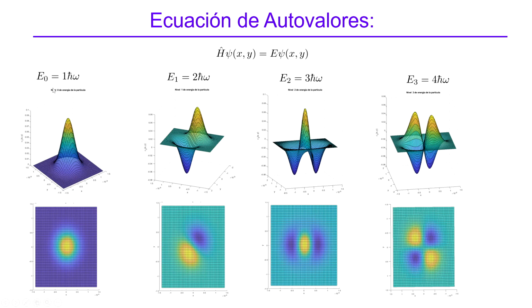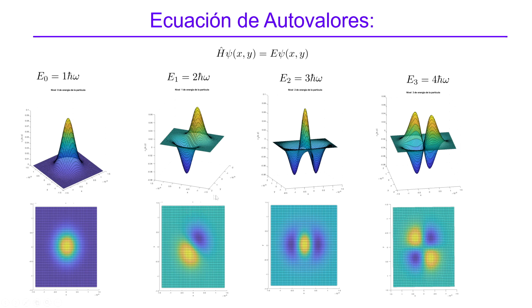Podemos encontrar las soluciones acá. Por ejemplo, este es para el primer estado, para el estado fundamental. Este es para el primer estado excitado. Este es solo la simulación numérica, quiero decir.